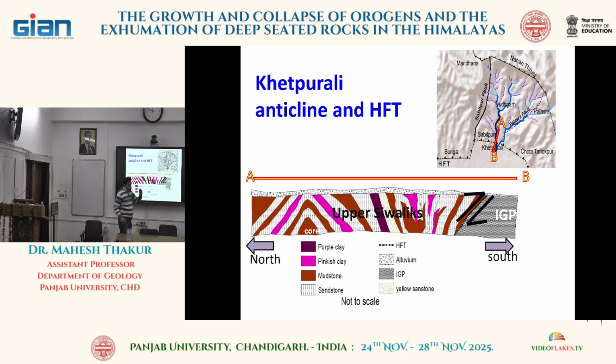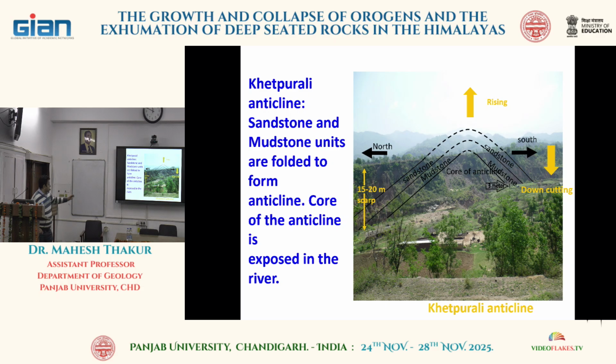In this area we are able to see even 1 centimeter small folds, very good folding in soft rocks. Generally, we think that a fold will form in ductile conditions or at higher temperatures, but these are at very shallow depth in sediments. We can have folding also. So this is how it looks in the field.